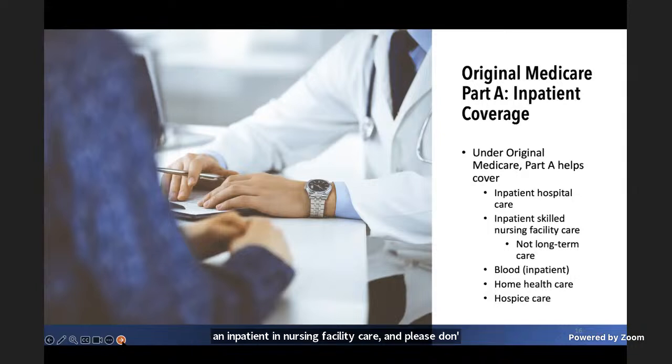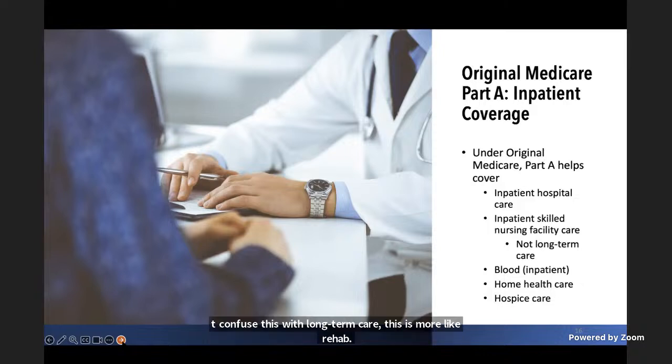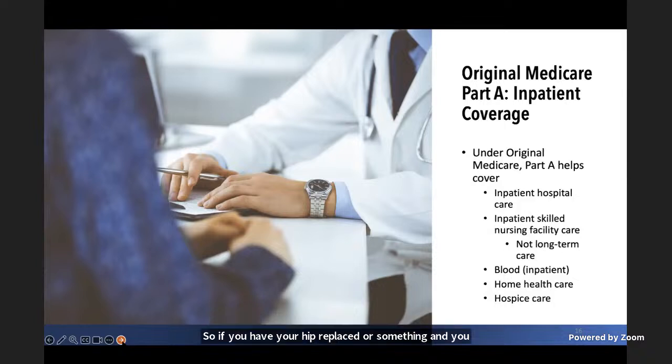So if you have your hip replaced or something and you have to go to a rehab facility, Medicare Part A is what's going to pay for that. It does pay for blood when you're an inpatient, home health care, and hospice care, all available to you under Medicare Part A.